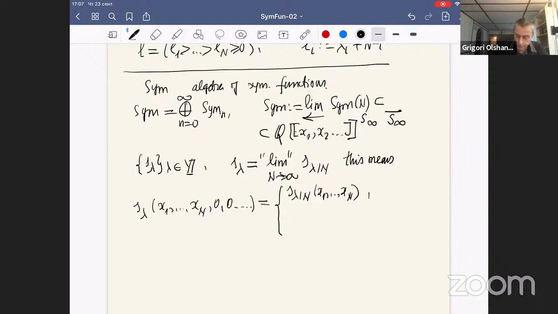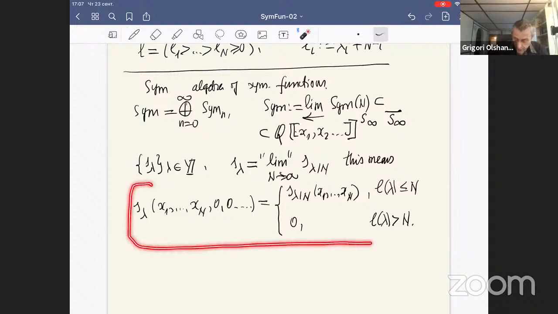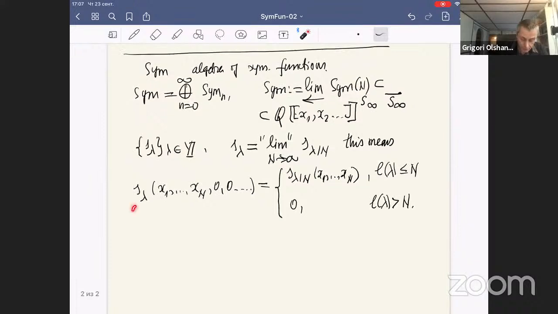This holds in the case the length does not exceed n. Otherwise, you have 0. So this is easy, almost trivial, but it's very important to understand the nature of these Schur symmetric functions.